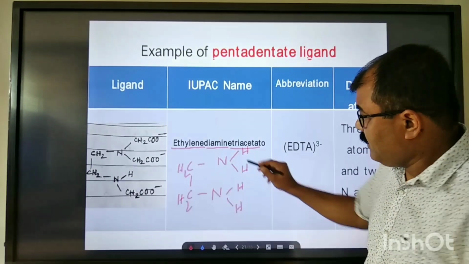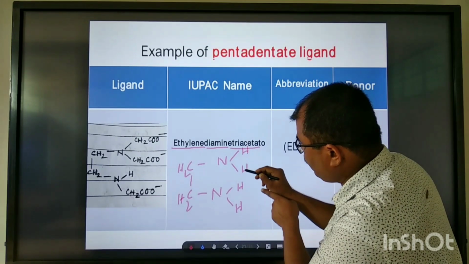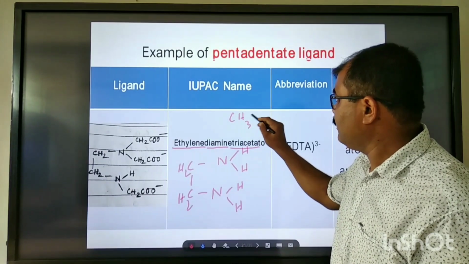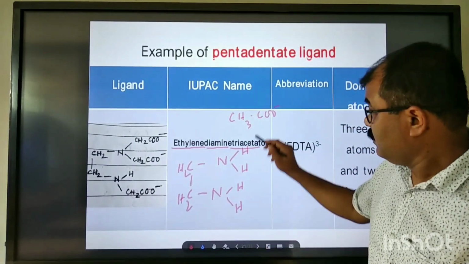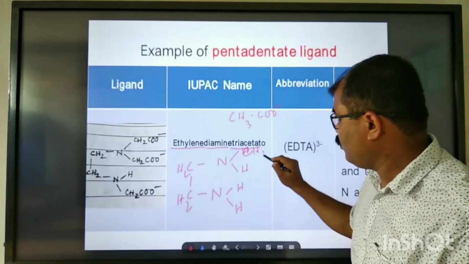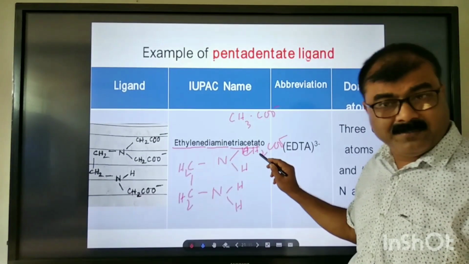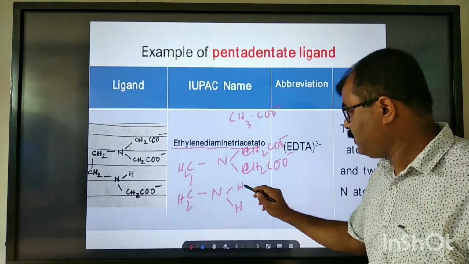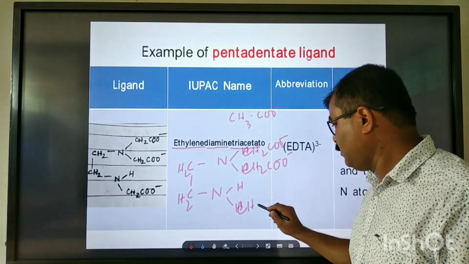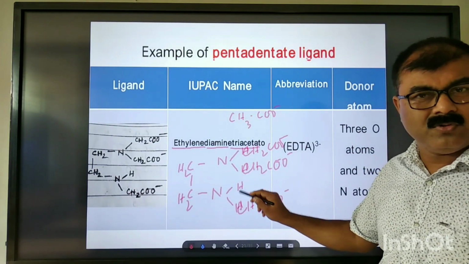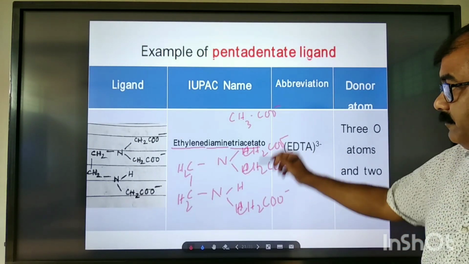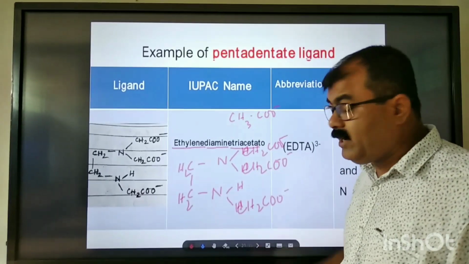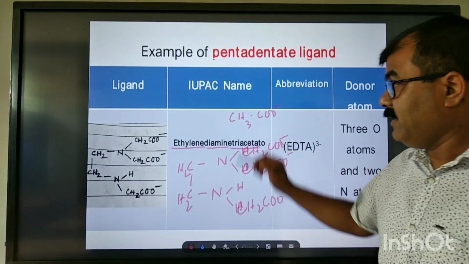Now, in ethylene diamine, of these 4 hydrogens, 3 hydrogens you replace by acetate ion, CH2COO minus, here it is, CH2COO minus.